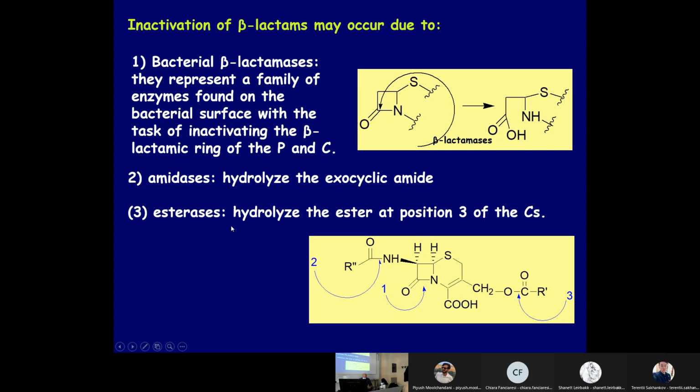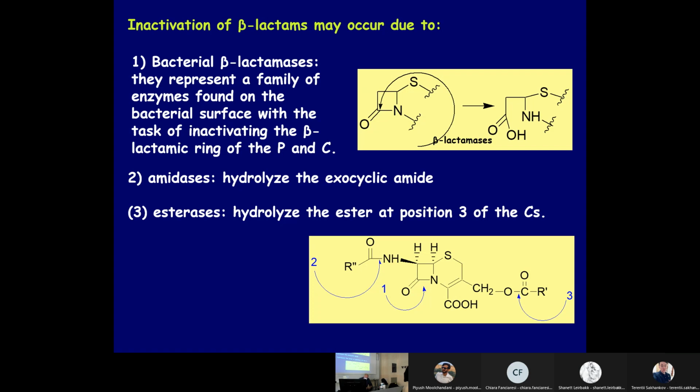And finally, there is another family called esterases, able to hydrolyze the leaving group of cephalosporins. As I told you before, normally the optimal leaving group is constituted by an acetyl residue, and so we have an ester in this position, and this ester can be hydrolyzed by esterases.